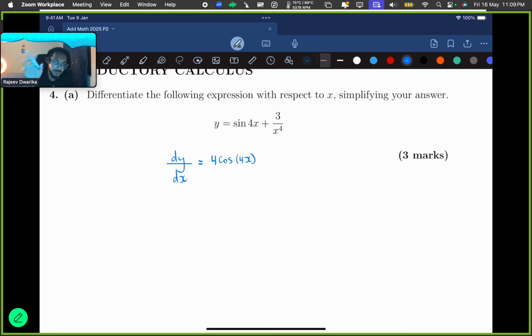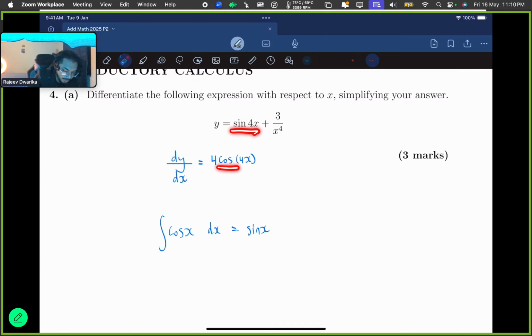And how I used to remember it is for dy/dx it is S to C. Positive. And it makes sense too. Watch this. When you differentiate sine x, you get cos x. So obviously if you integrate cos x, you're supposed to get back sine x. Make sense?